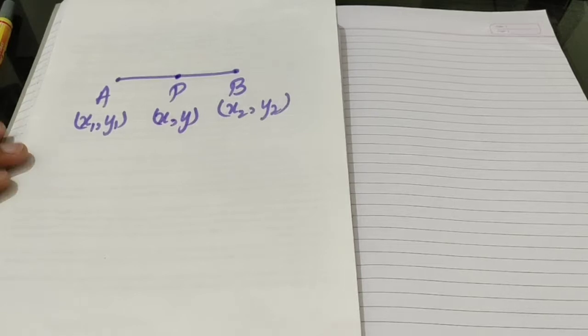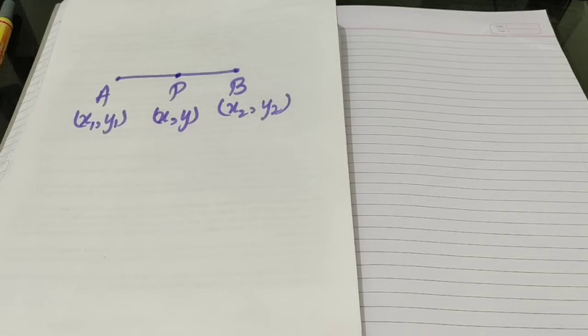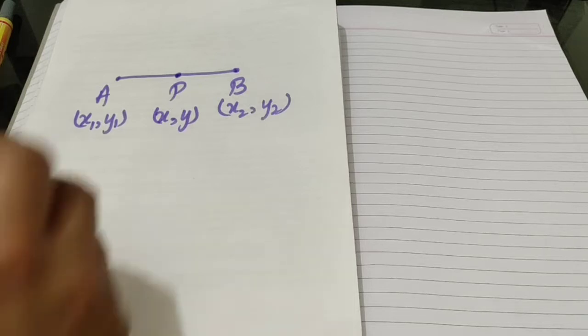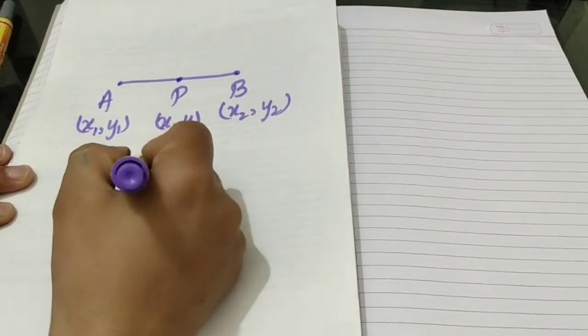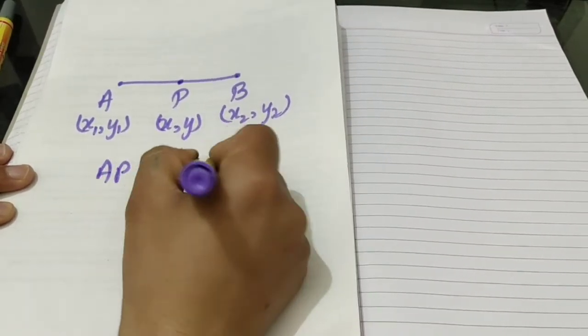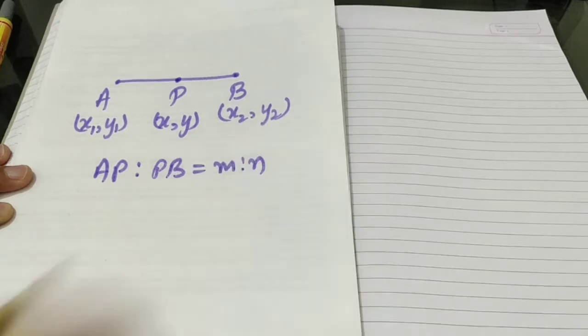Since points A, P and B are collinear and P lies between A and B, obviously P will divide line segment AB in some ratio. Let AP ratio PB be m ratio n.